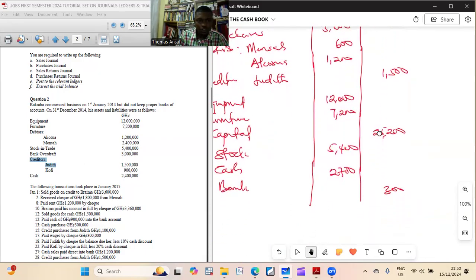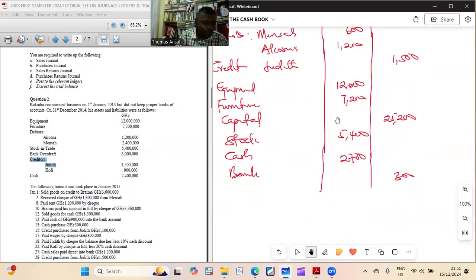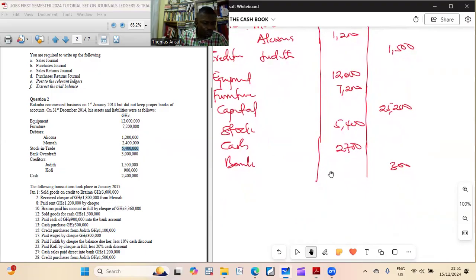Where did the 12,000 come from? It is the equipment. Then 7,200. I have it. Then 5,400 stock, right? Then the last one is the cash part, what we did, which is 2,700. Equal to 33,930.